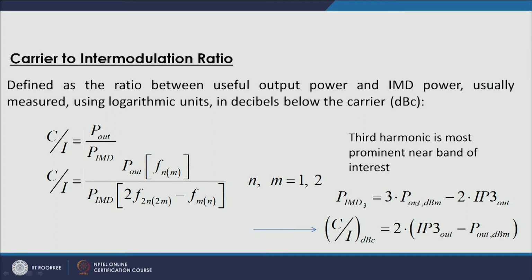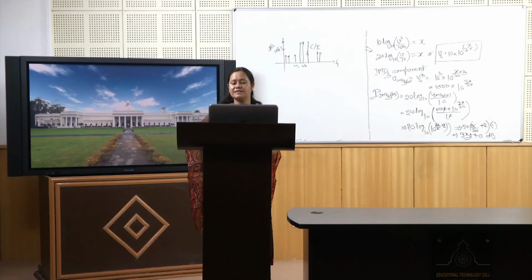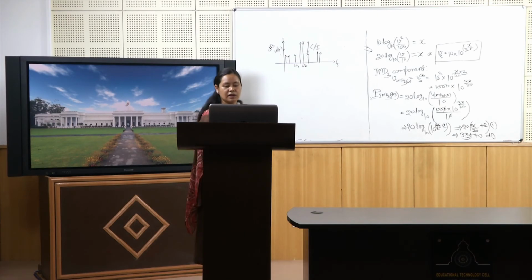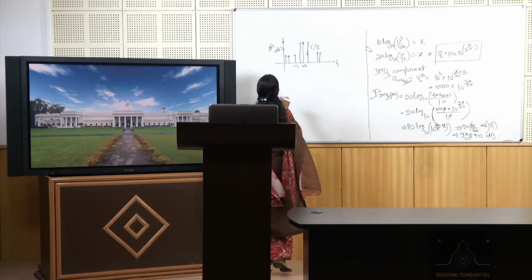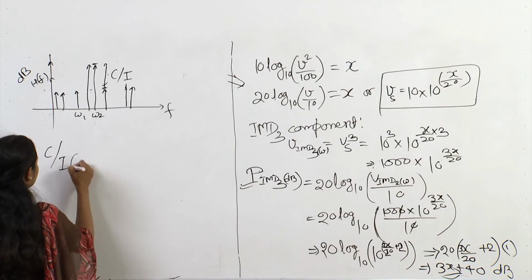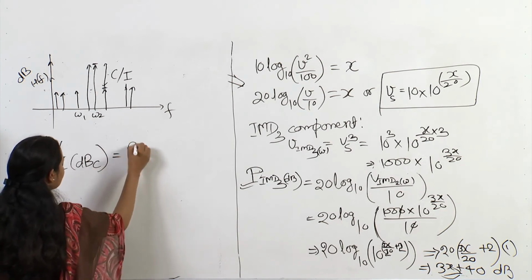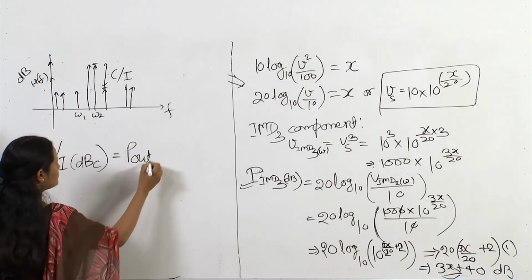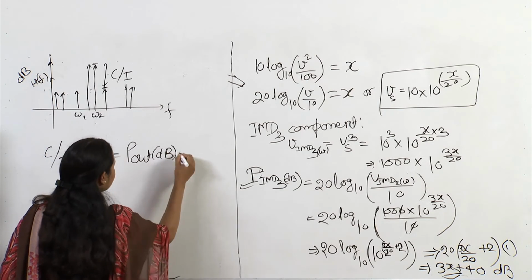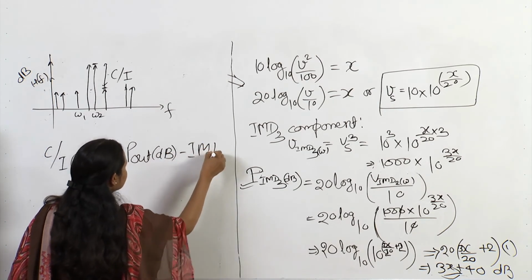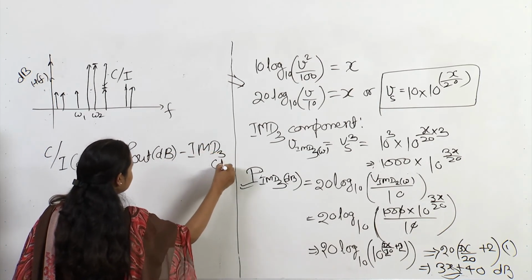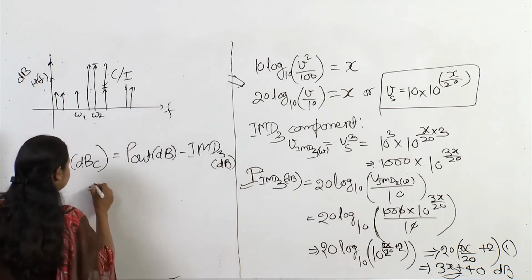After that we have to calculate the C by I ratio. Carrier in this case is actually P out. So, C by I in dBc will be P out in dB minus the IMD3 component in dB.